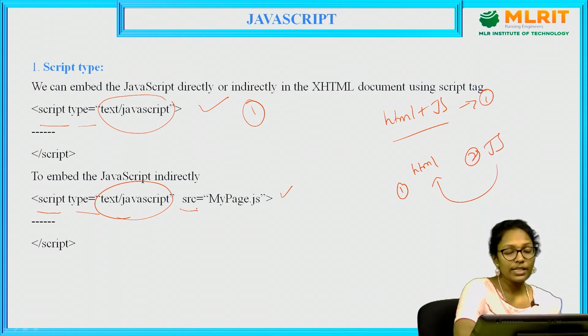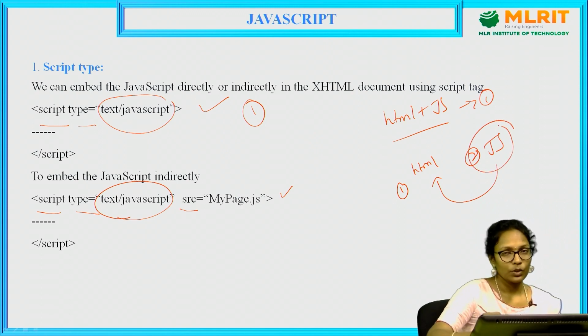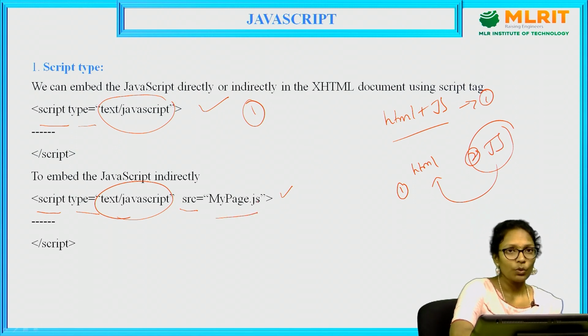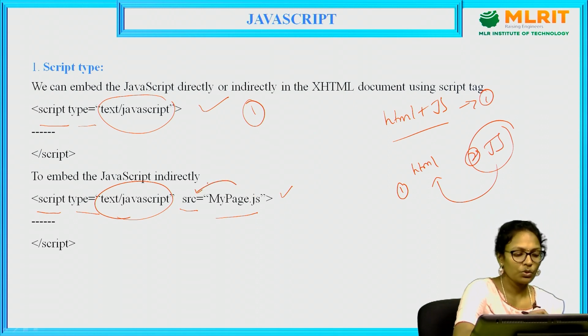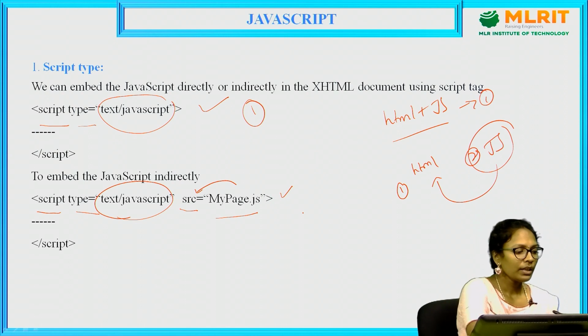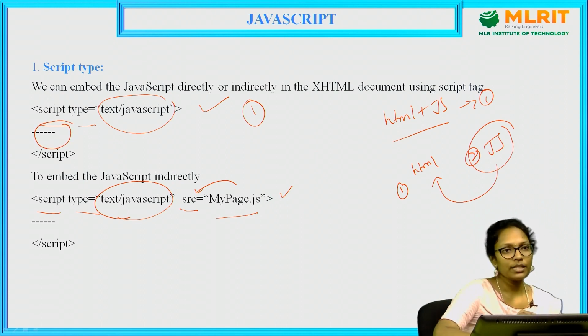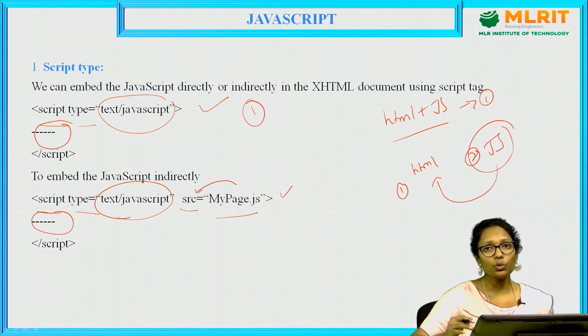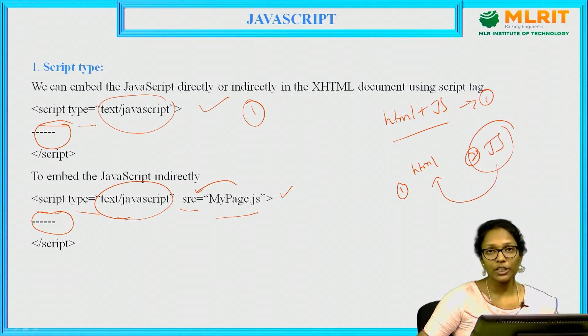So src indicates source, equal to whatever the .js file, that means JavaScript file, you need to give here. That is mypage.js, so I'm giving that as source. Now this code will be included in your HTML file. Whatever you want to write for your JavaScript, you can write in between these tags. So these are the two ways of including JavaScript into your HTML.